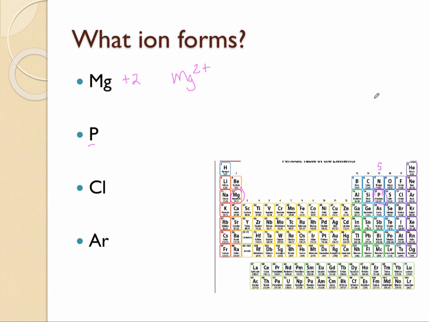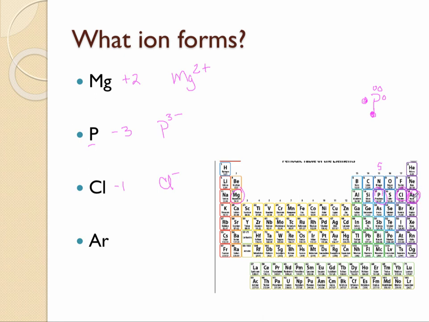It has 5 valence electrons. 1, 2, 3, 4, 5. That kind of ends up with a curly Q. It is going to gain 3 electrons rather than lose those 5, so it would form a -3 ion, and we would write that as a P3-. Chlorine here in group 7 or 17, 7 valence electrons, is going to form a -1, and we would write that ion that way.